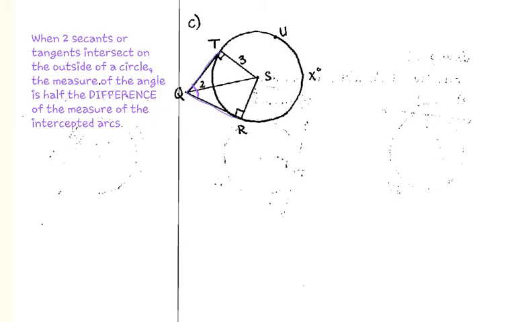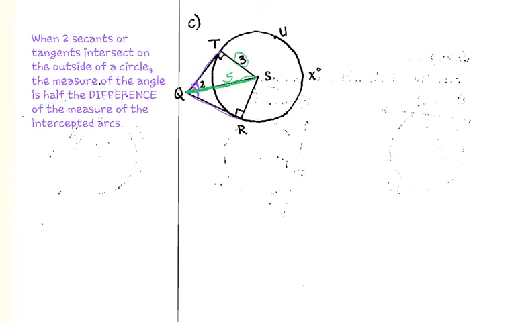We can find 1/2 of TQR because we know that this larger segment, from S to Q, is 5. That's because this external segment is 2, and the radius is 3, which we see given in our diagram.